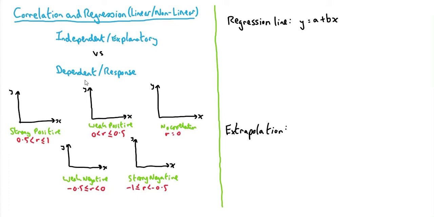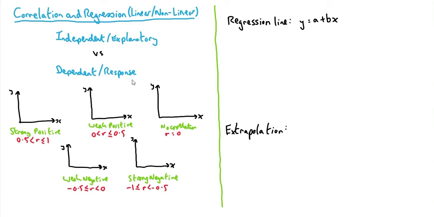Meanwhile, the dependent or response variable is what is measured afterwards at the end, or what is caused by the explanatory variable. So for instance, if one data set was looking at how CO2 emissions from cars varies depending on the fuel consumption of the engine, the fuel consumption would be the explanatory variable, while the CO2 emissions would be the response, because we'd be saying that the usage of the fuel, that's what causes the CO2 to be produced and emitted.